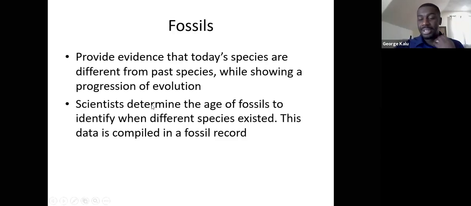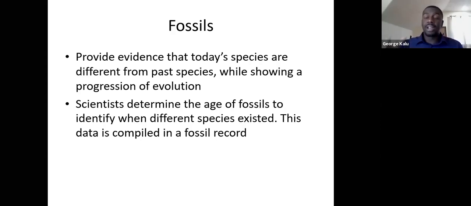Okay. So how do we know that evolution has taken place? How is it that we're able to know that a particular population of individuals, or of a particular species, came from something in the past? Okay. One tool that we can use is fossils. Fossils are the remains of past species. And so what we can do is look at the fossils and then compare the structure of the organisms in the past to organisms that exist today.